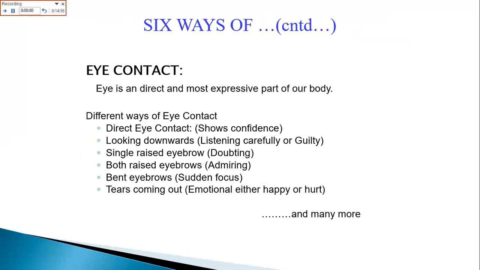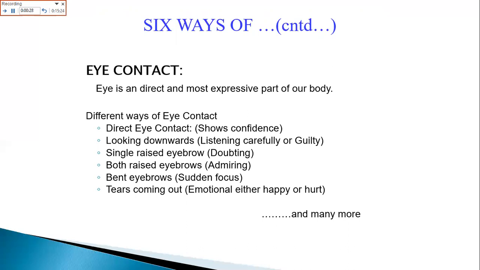Next one is 6 ways of communication structure. Eye contact. Eye is a direct and most expressive part of our body.